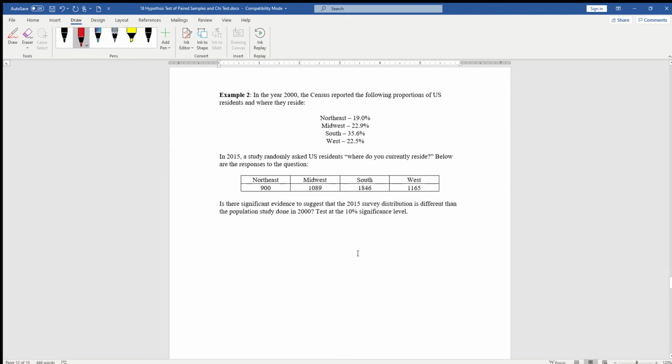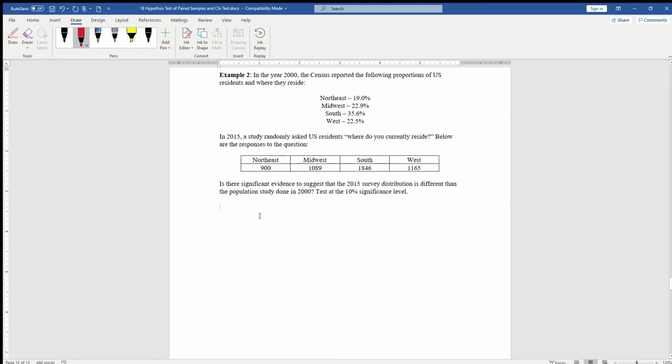The null hypothesis assumes that if people just stay in the same region year to year, then there would be no significant difference in the distribution. So H sub naught, we're going to say that there is no significant difference in the proportion of the population residents and the sample residents.